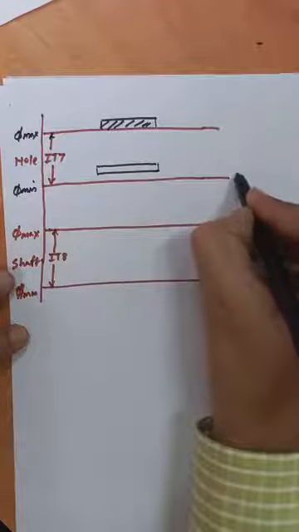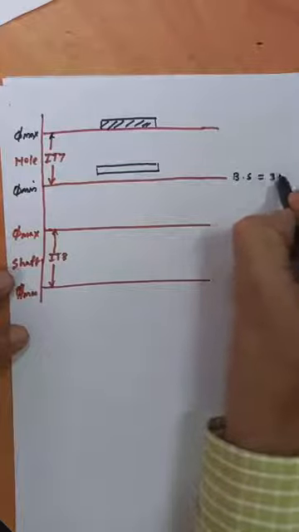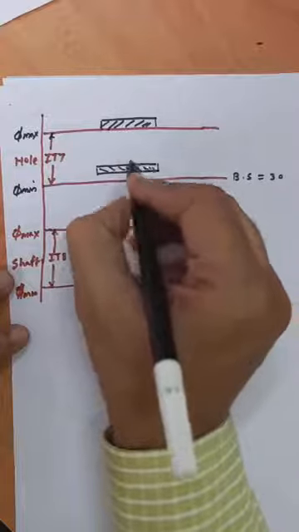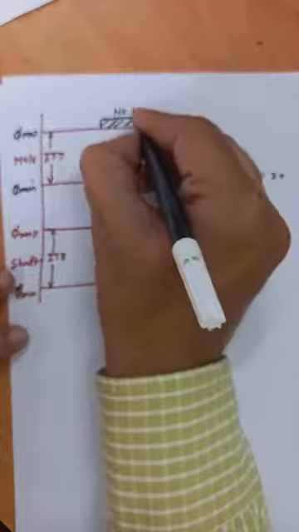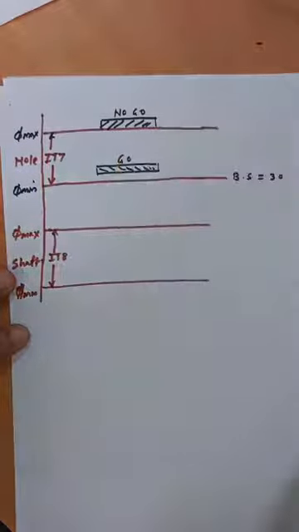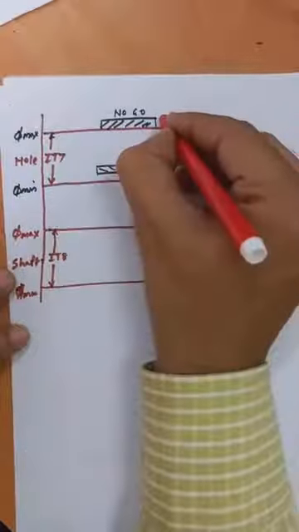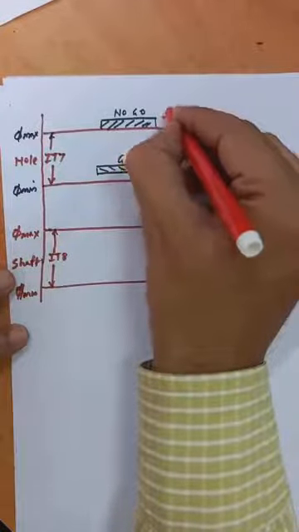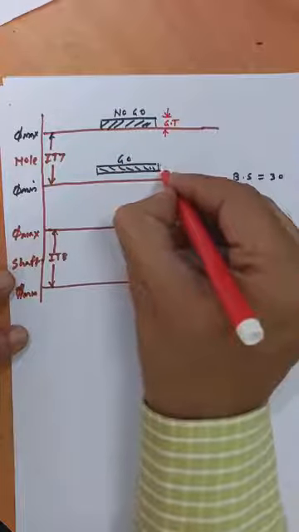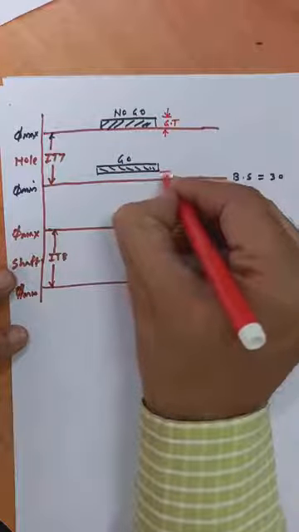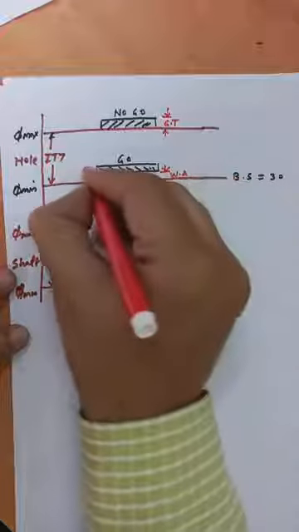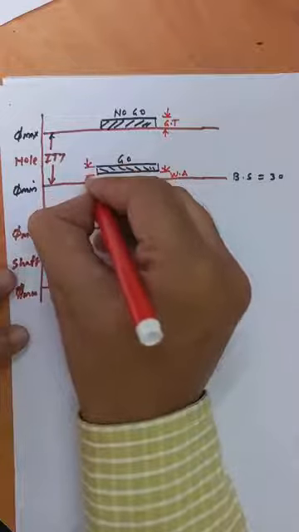This is the basic size, that is 30 mm. This is the no go gauge, this is the go gauge. This difference is the gauge tolerance and this difference is the wear allowance.